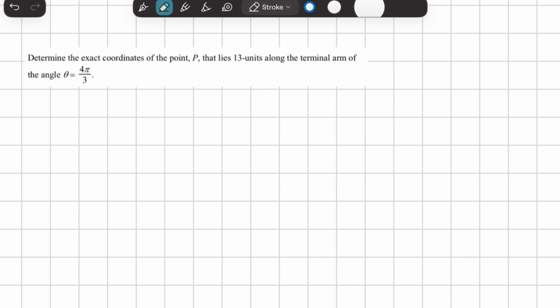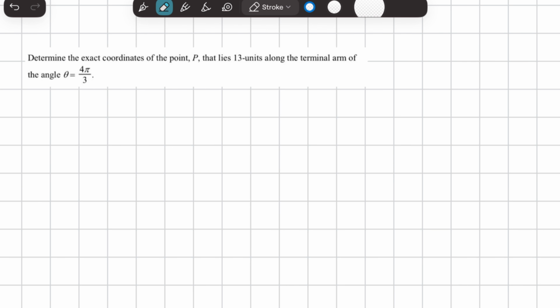Okay, next question. Determine the exact coordinates of the point P that lies 13 units along the terminal arm of the angle 4 pi over 3. So basically what we're doing here is that each side that we'd usually have is going to be multiplied by a certain number. So in this case, our R value is multiplied to get 13.